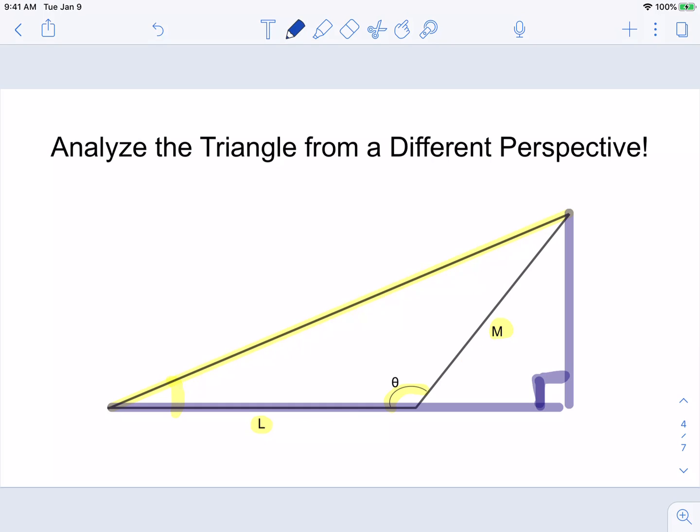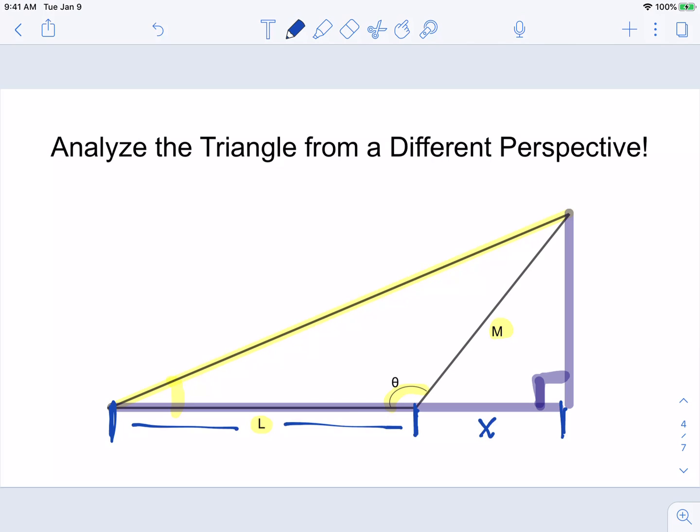So if I look at the x component, that horizontal line, I already know the length from here to here. I have it designated with the capital letter L. I'm saying that's a known value. But what I don't know is the extra distance from here to there. That's an unknown right now, and I'm just going to call that unknown variable x.